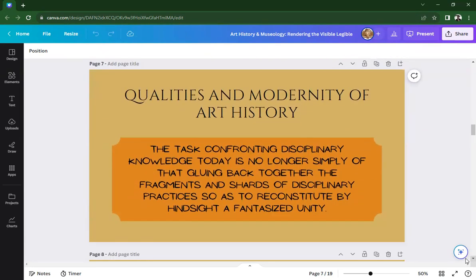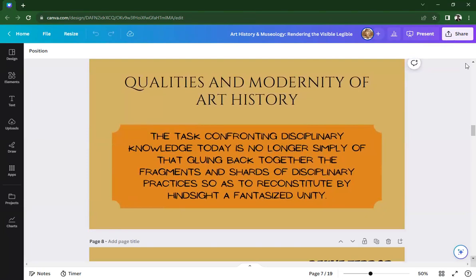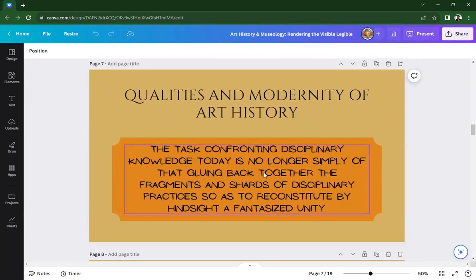And there are also qualities and modernity of art. The task of confronting disciplinary knowledge today is no longer simply of that gluing back together the fragments of the past, and also the shards of disciplinary practices, so as to reconstitute by the hindsight of competence unity.